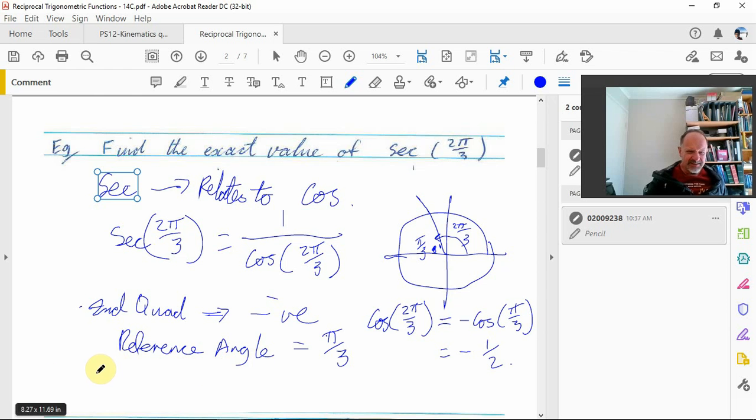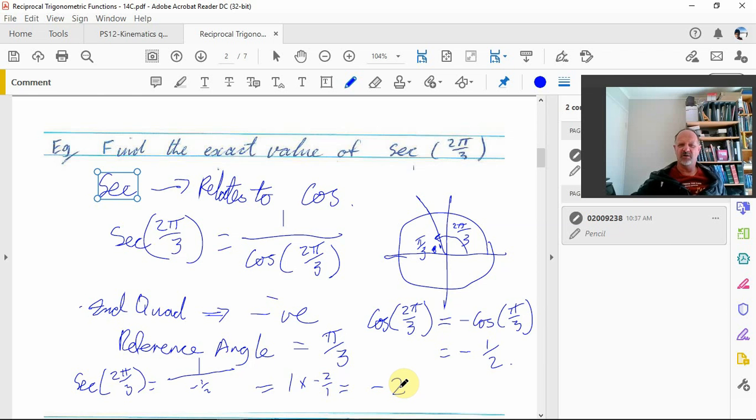So sec of 2 pi on 3 then, which is 1 over the cos of 2 pi on 3, so that's 1 over negative a half. If we're dividing by a fraction, we turn it upside down and multiply. So we've got 1 times negative 2 on 1, which is negative 2.